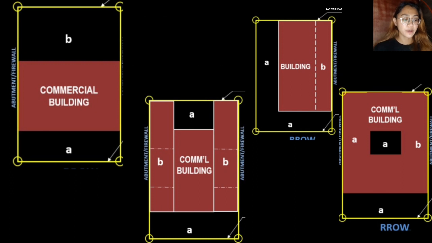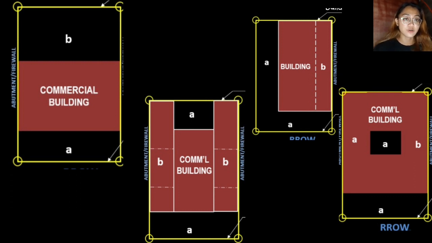The required open space shall be located totally or distributed anywhere within the lot in such a manner as to provide maximum light and ventilation into the building as well.